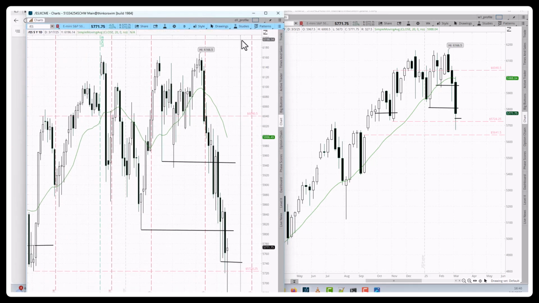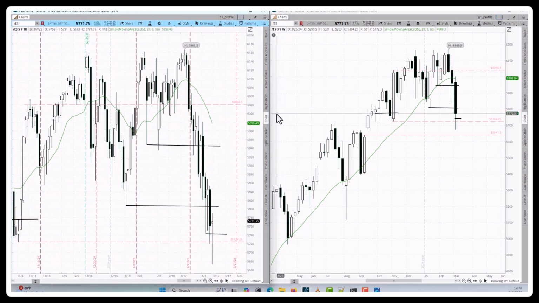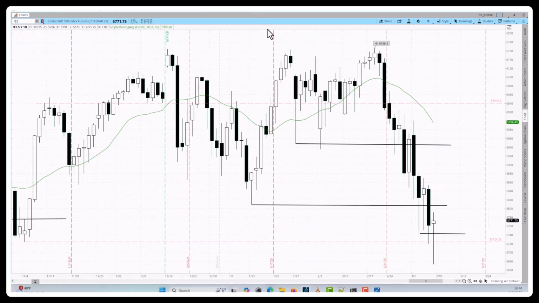So we want to do this exercise right here. Basically, we want to see this candle, which is the weekly right there. How the formation is right here. You see the formation of the weekly candle.